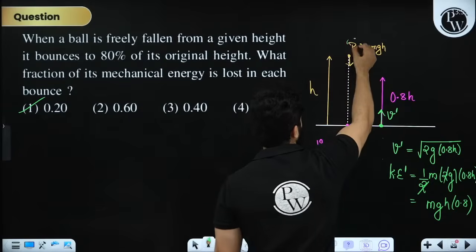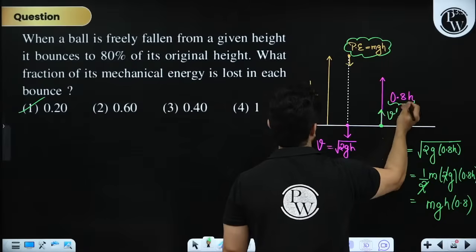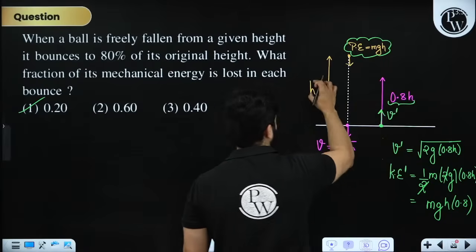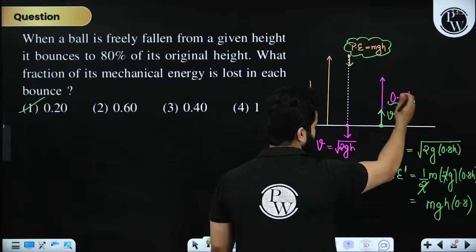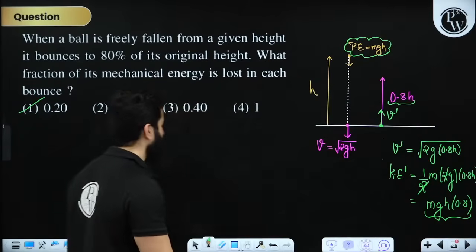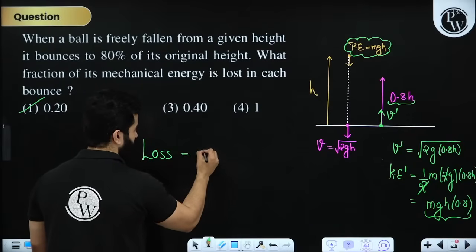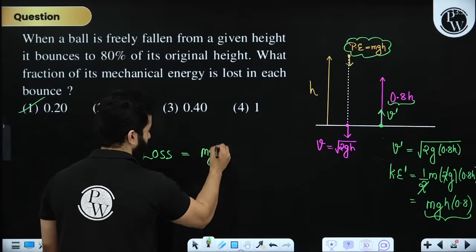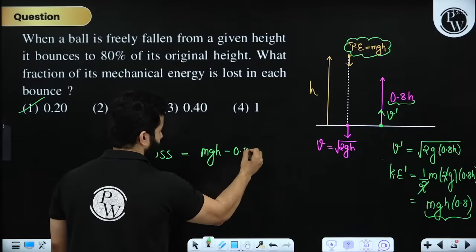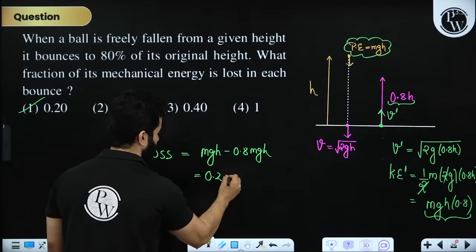For this one, initial potential energy was mgh. Finally, it will only go to a height of 80%. That means 80% of h is 0.8h. That means now the new energy is mgh times 0.8. So what is the loss in energy? Loss in energy is mgh minus 0.8 times mgh, which is 0.2 times mgh.